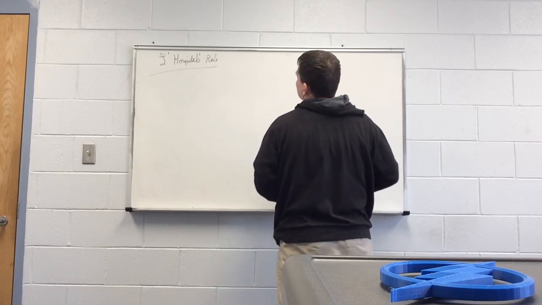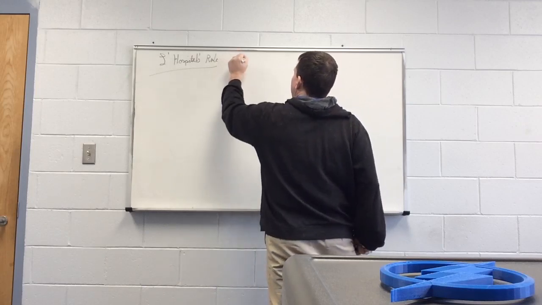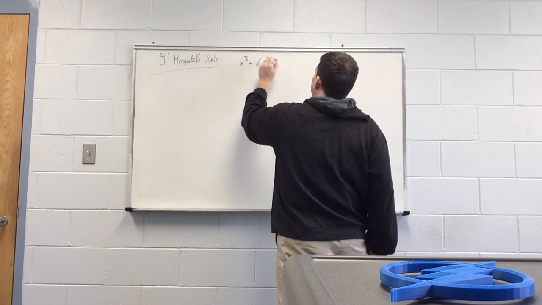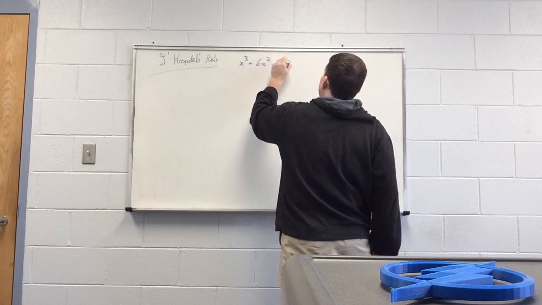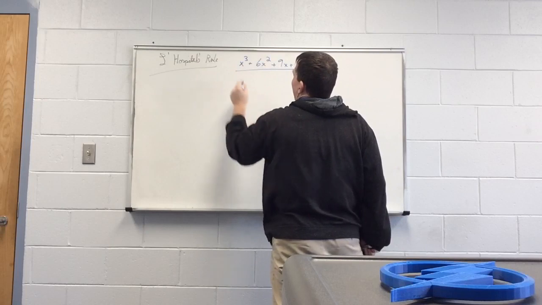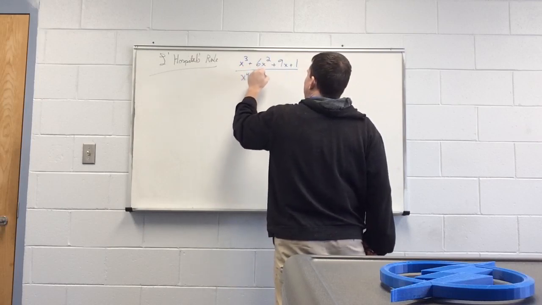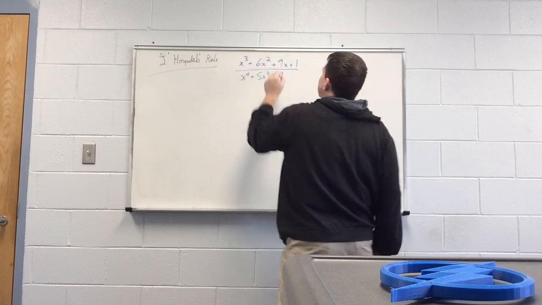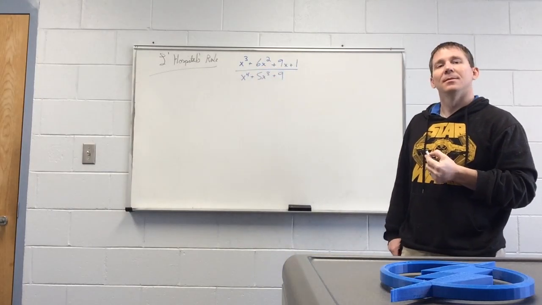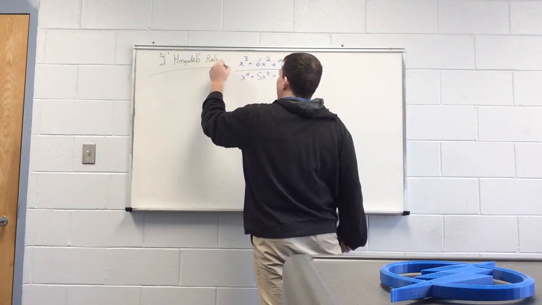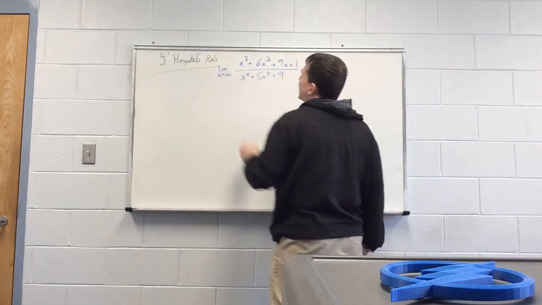If I have, let's see, x cubed plus 6x squared plus 9x plus 1 all over x to the 4th plus 5x cubed plus 9. And I want to take the limit as x approaches infinity in this case.